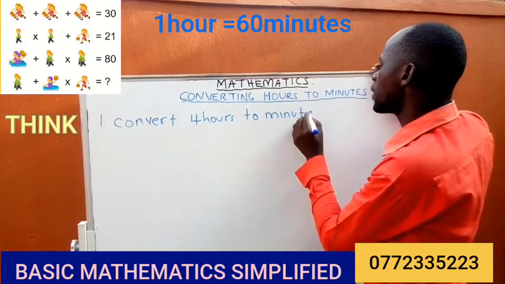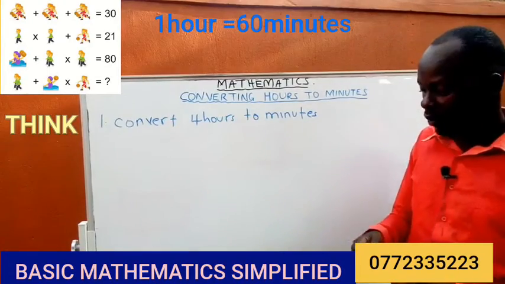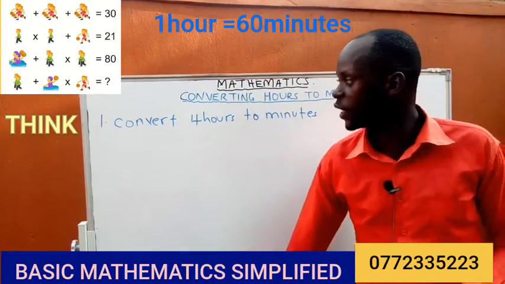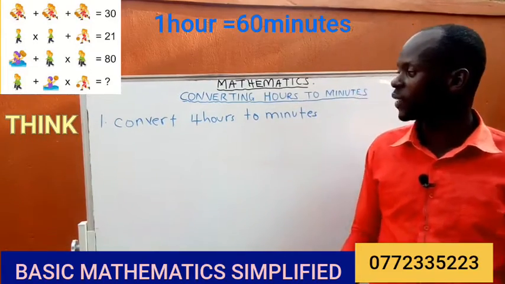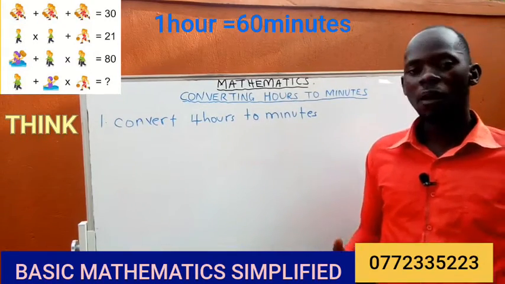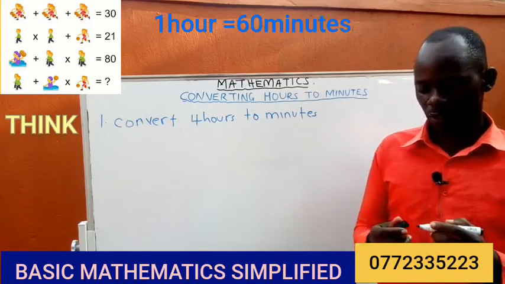To convert means to change. Someone else would say change 4 hours into minutes. Another one says convert 4 hours to minutes. This is a question which is very simple, but it is practically done.